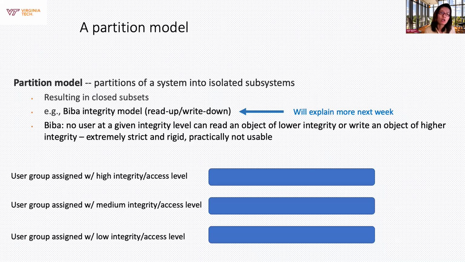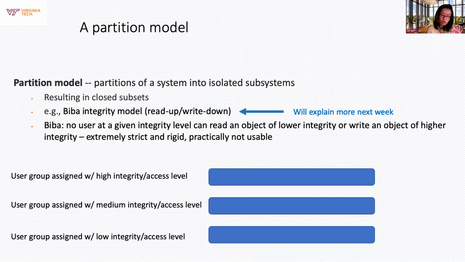Then how about, just as a mental exercise, the paper back in the 80s talked about this partition model. Maybe there are ways that we can partition the files and the users into groups, so that you have high risk people and low risk people.